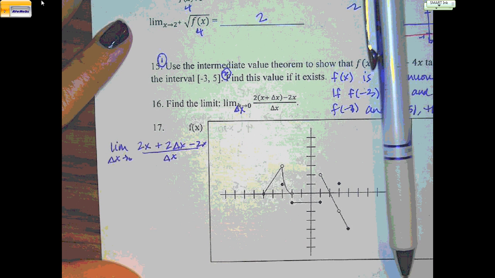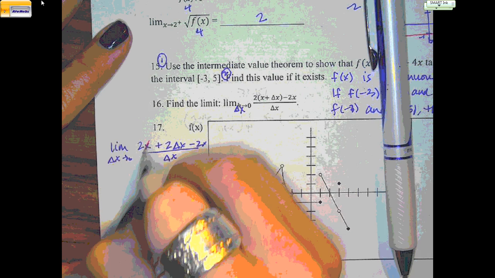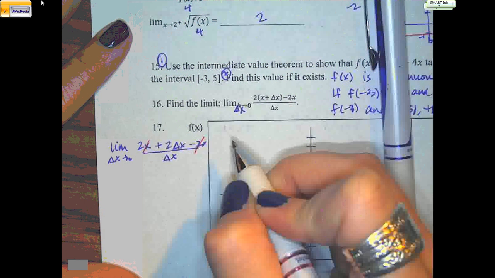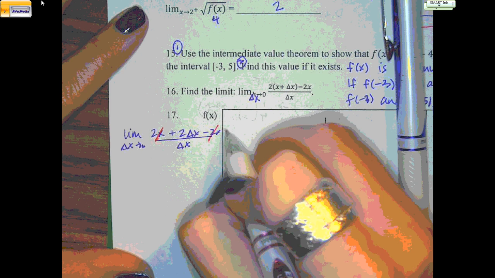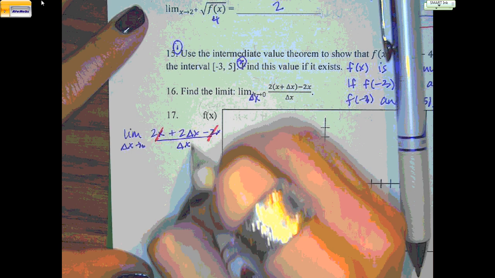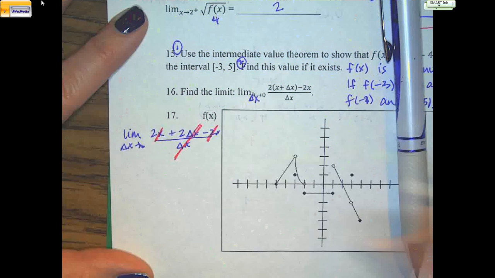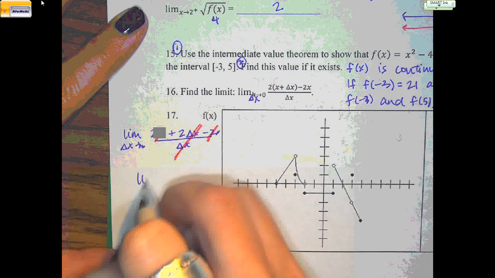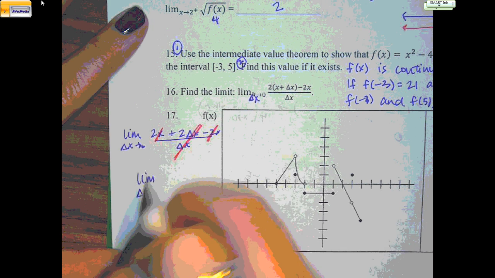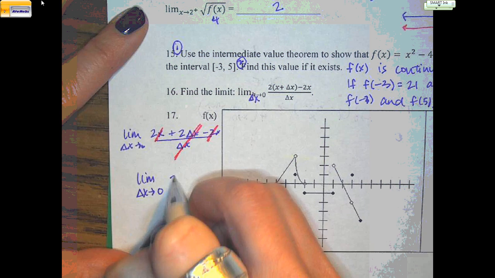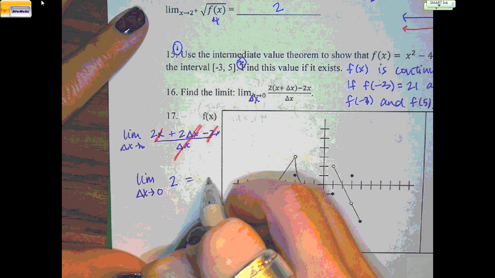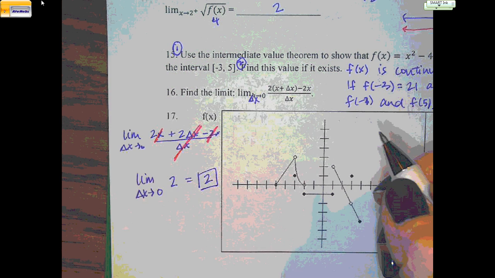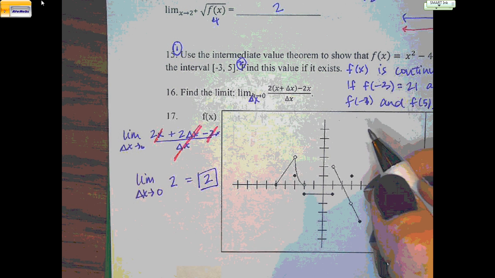When I do that, 2x minus 2x, those go away. Now what do you want to do? Cancel out your delta x's. What are you left with? So the limit as delta x approaches 0 for 2 is 2. Because 2 is a constant.